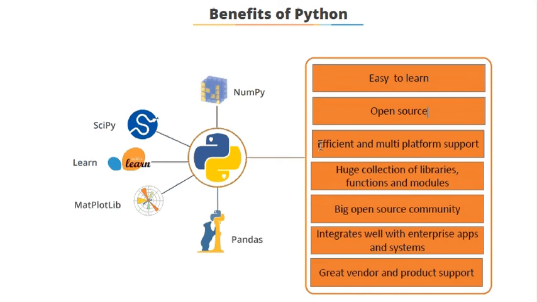Third one, efficient and multi-platform support. And the fourth one is a huge collection of libraries, functions and modules. So we have a large amount of libraries, functions and modules. I already discussed in the previous video what libraries are available in Python and how you can use them. So these libraries are pandas, matplotlib, scikit-learn, scipy, numpy.